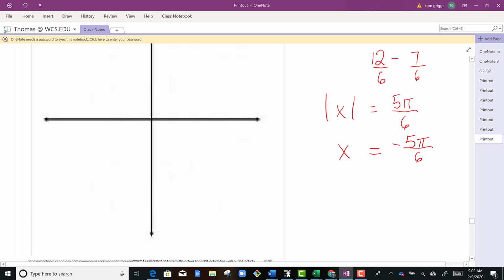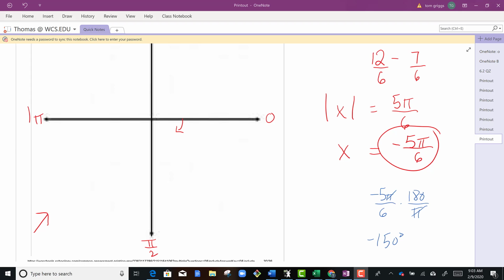So we're going to be going clockwise since it's a negative angle. We know this is 0. We know this is pi over 2. We know this is 1 pi. If it's helpful, again, you can convert that to degrees if you like. But we know negative 5 pi over 6 is going to be somewhere in this quadrant, because it's in between 1/2 and 1.